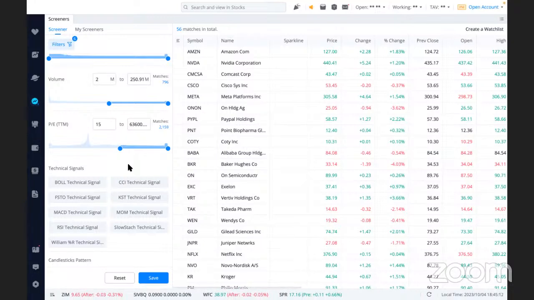Robinhood's great. I have Thinkorswim also, but it's a bit complicated sometimes. Thinkorswim is a fantastic platform. In fact, I would argue that Thinkorswim is the big boy. It's the grandfather, the granddaddy of the investor world.